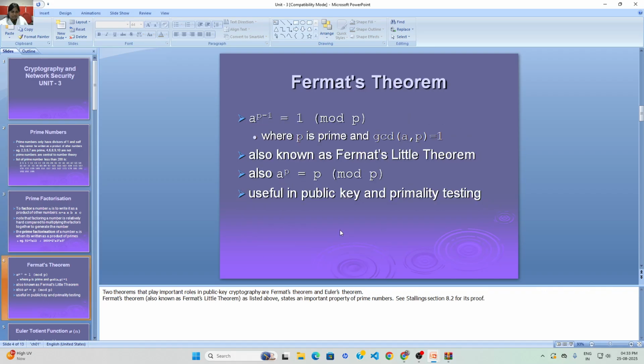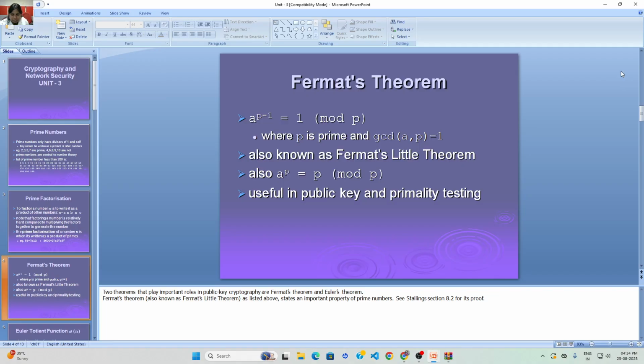Next is Fermat's theorem, which is used in working with prime numbers. It is an abstract topic, and we cannot cover the detailed theorem here, because Fermat developed it from a lot of information.